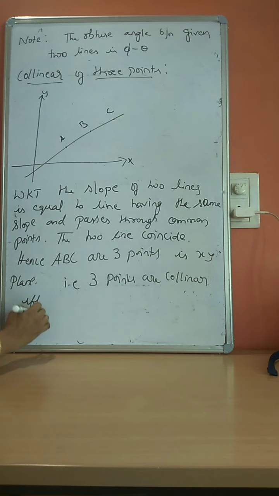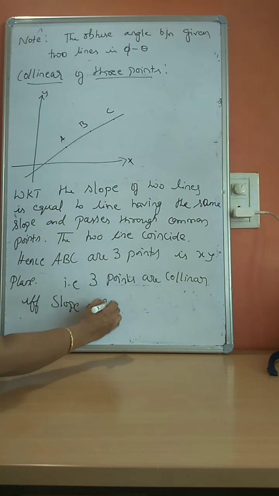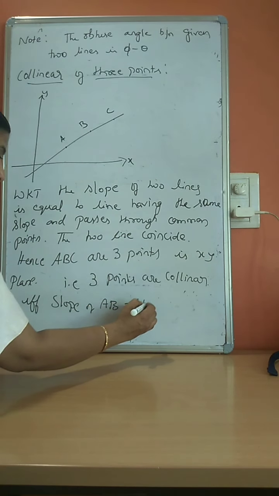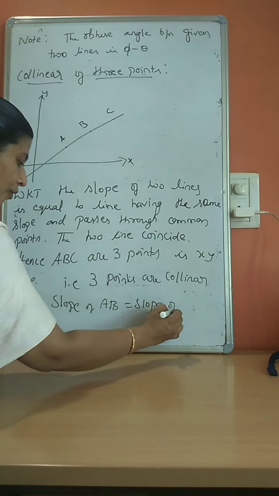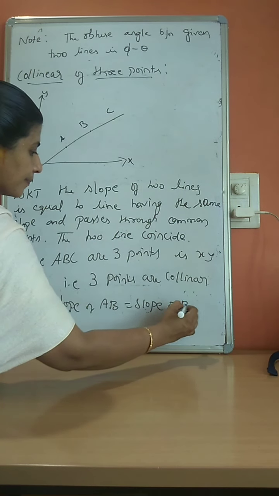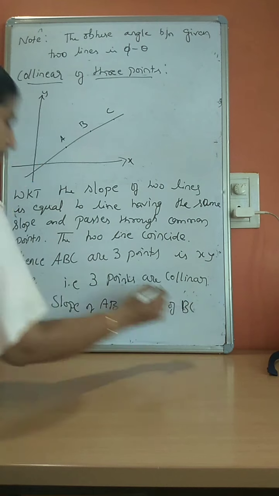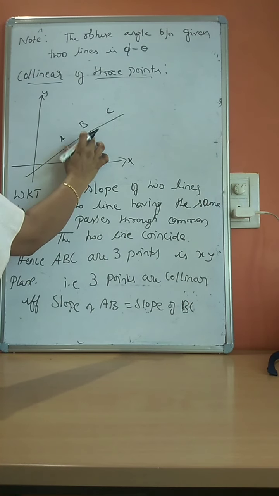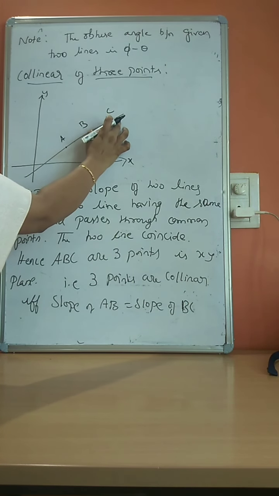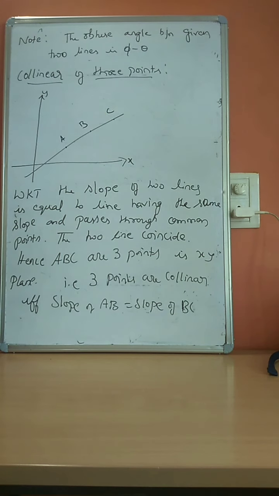If and only if slope of AB must be equal to slope of BC. Sorry, AC na? BC. Slope of AB is equal to slope of BC ಆಗಿದ್ರೆ 3 points collinear ಆಗಿರುತ್ತೆ ಅಂತ ರೆಪ್ರೆಸೆಂಟ್ ಮಾಡ್ತೀವಿ. ಓಕೆನಾ?